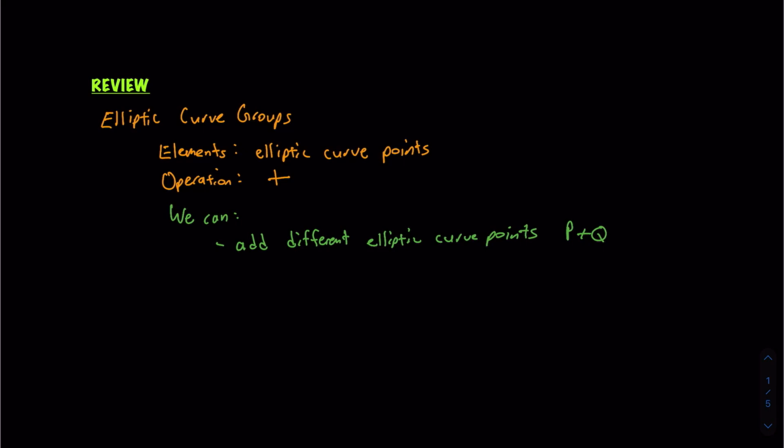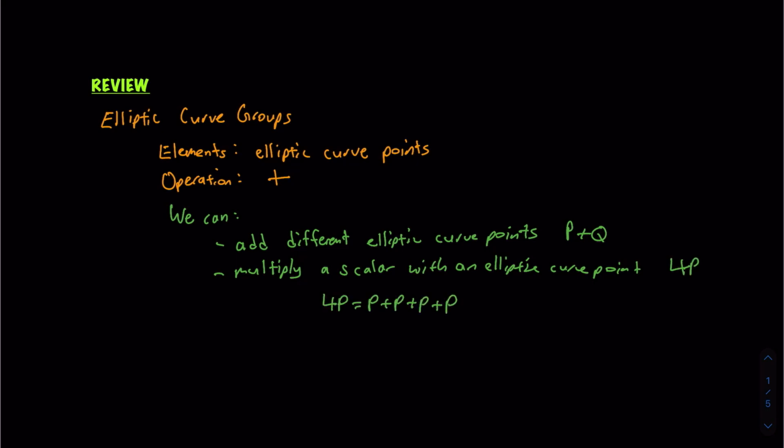And we can also multiply a scalar with an elliptic curve point, because that's just the same as adding a point to itself that many times. For example, 4p equals p plus p plus p plus p. But what we are unable to do is multiply two elliptic curve points together. For example, we can't do p times q.